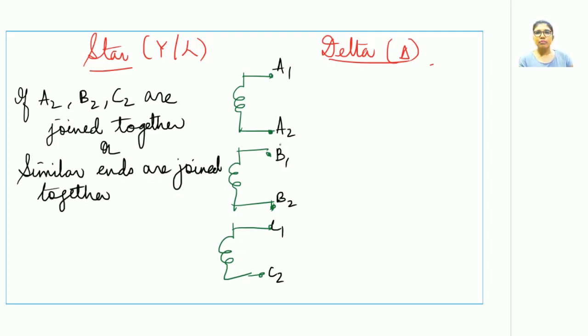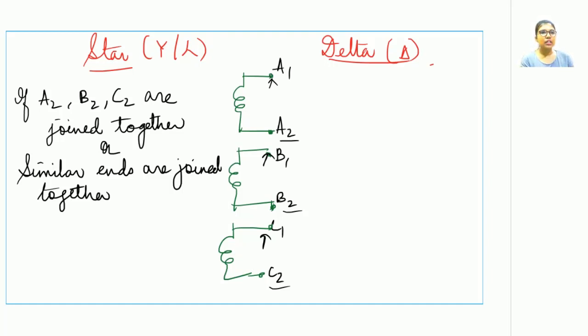What do you mean by similar points? For a given phase, the top part is represented by all subscripts of 1, whereas the bottom parts are represented by subscripts of 2. By similar ends we mean all subscripts of 2 are joined together. One will obtain a star connection.